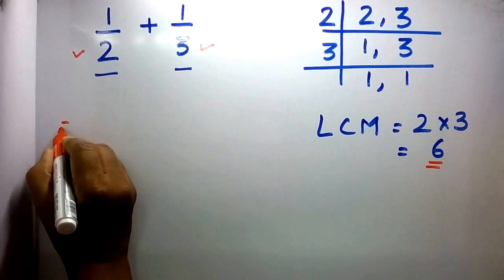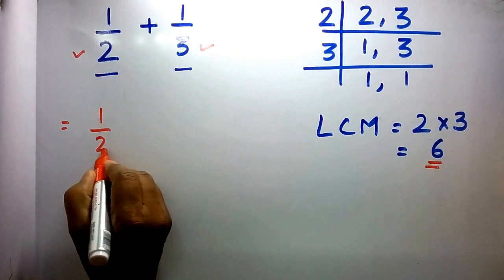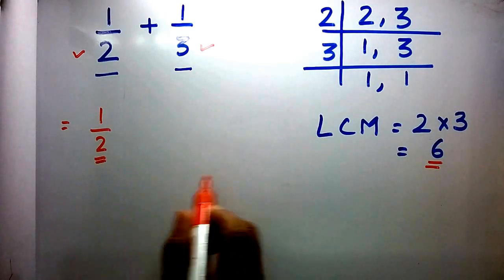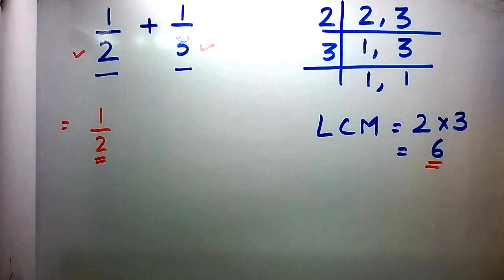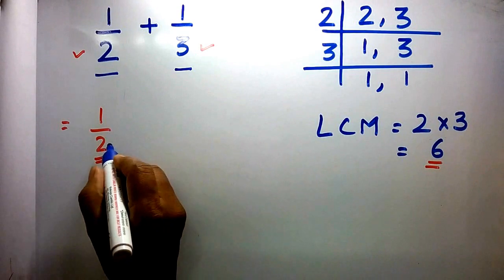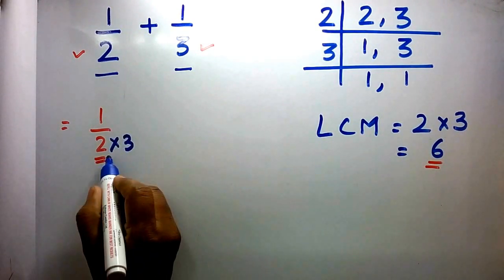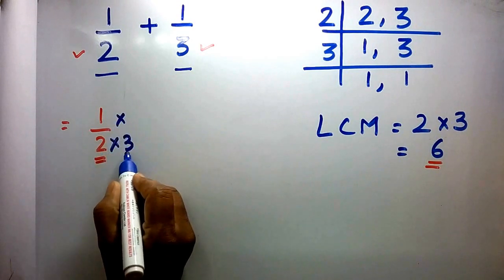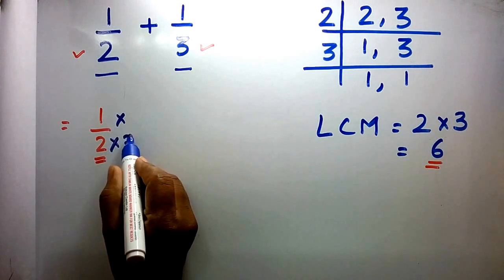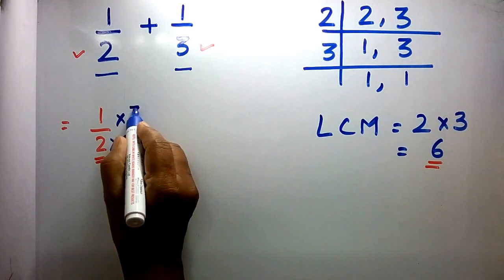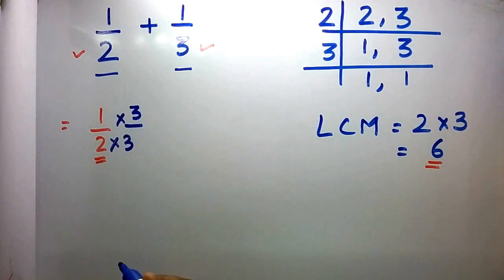So start. Here for 1 upon 2, you have to first think by which number this 2 should be multiplied so that you can get 6. If we multiply 2 with 3, 2 threes are 6. Whatever you are multiplying with the denominator to make it 6, the same number you have to multiply in the numerator.